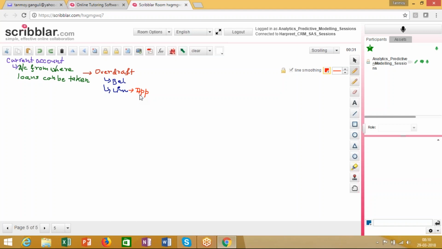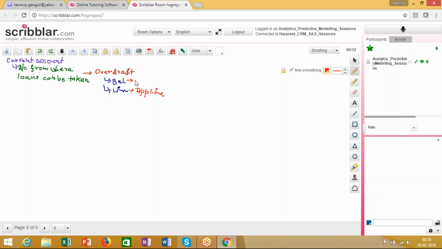That is the approved limit that the bank has.